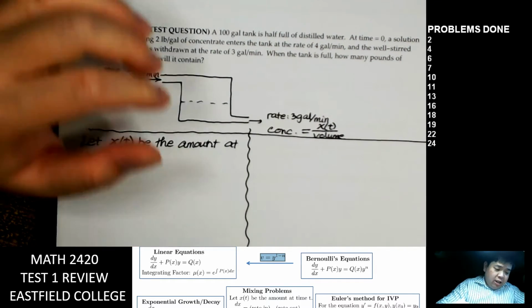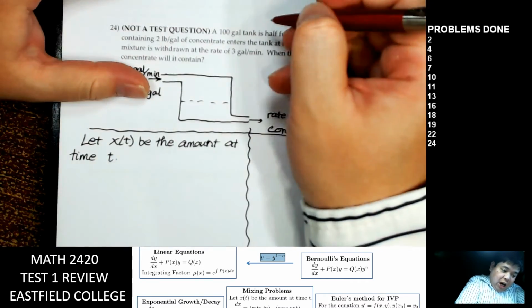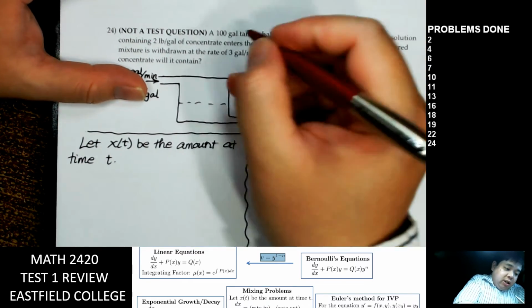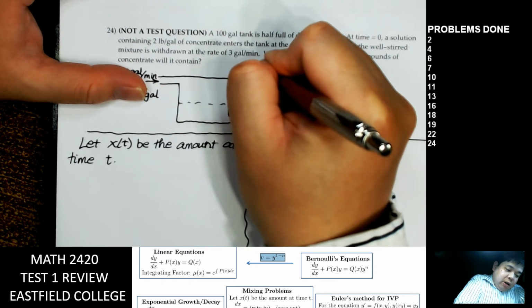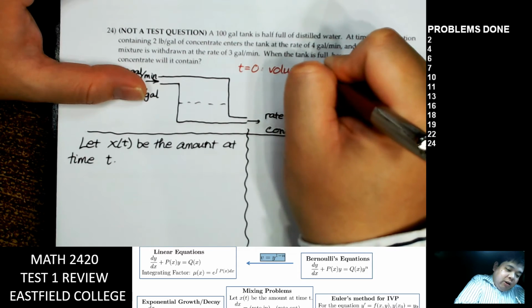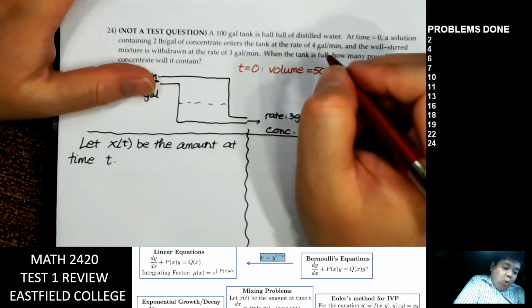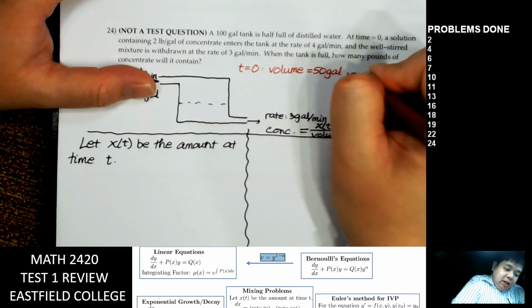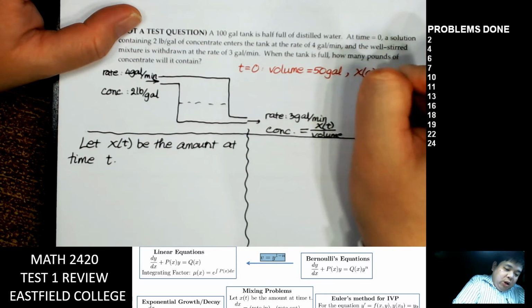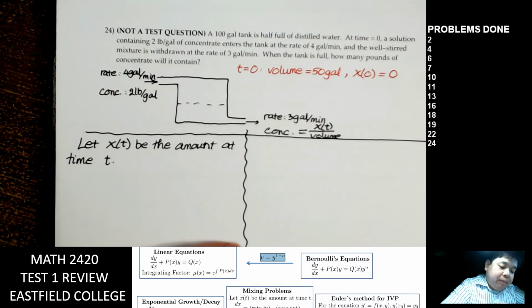Let's look at the initial condition. We have a tank half full of distilled water. So at t equal to 0, the volume is 50 gallons of pure water, meaning originally there's no concentrate, just pure water.